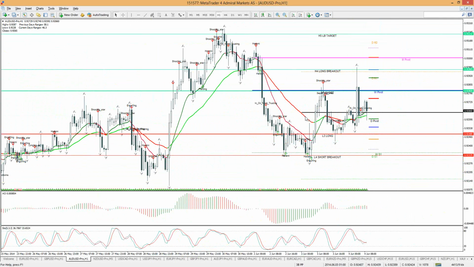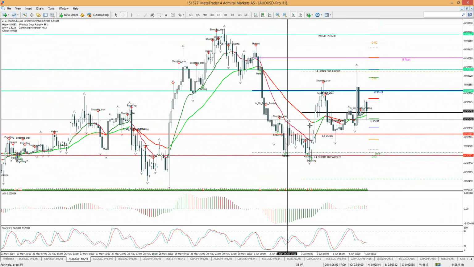The Aussie dollar was a good trade from the shooting star down. If you trail stop the candle highs, you would have gotten out after the pin bar, or even if you saw the pin bar, it would be a good time to exit. Catching about 30 pips versus, well, the risk is about 10, isn't it? So that's a good 3-to-1 trade roughly.